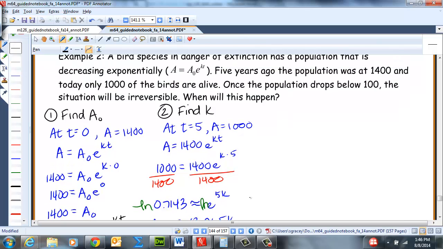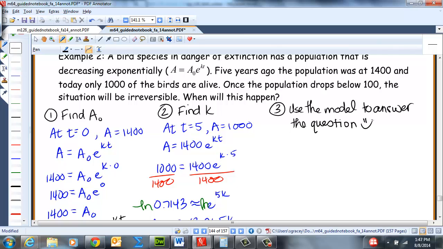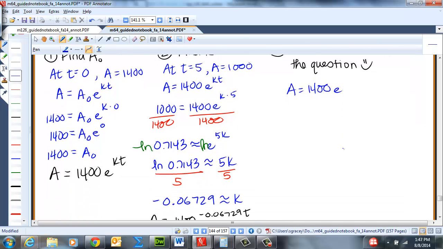So now we need to figure out when it's going to drop below 100 or be at 100. So the third thing is use the model to answer the question. So we have our model is A equals 1400 e to the negative 0.06729 t.